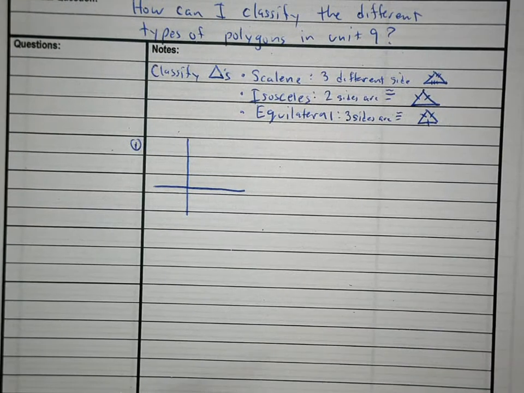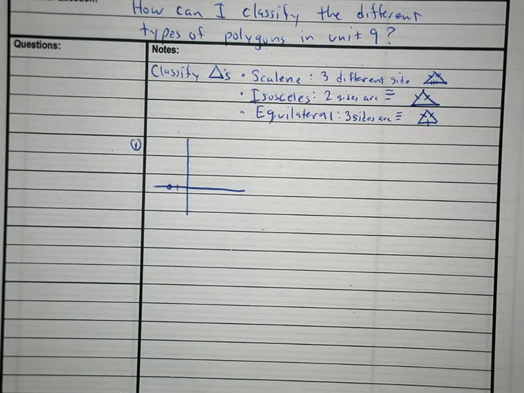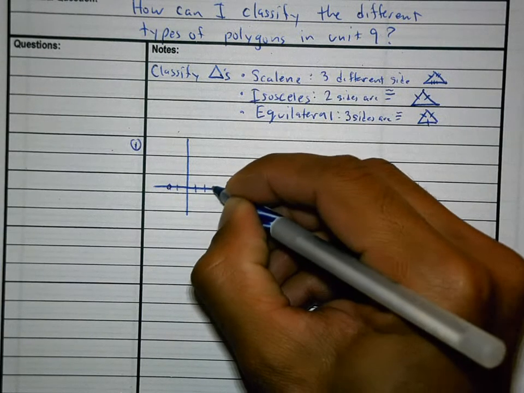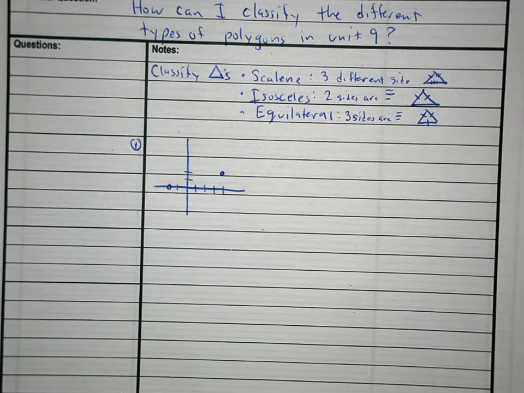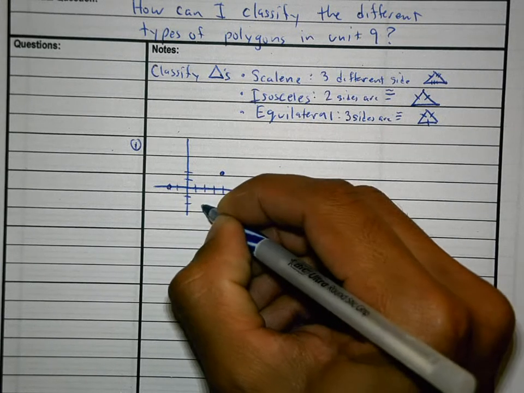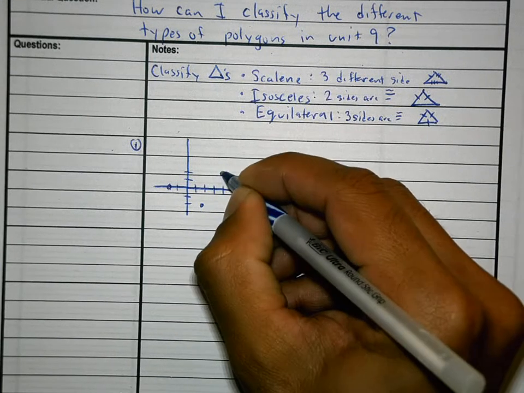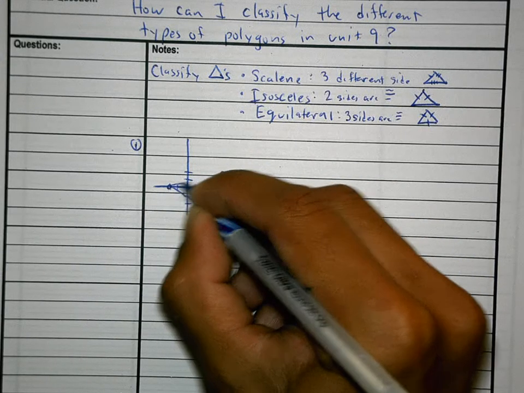On number 1, we have a point at -2, 0, right here. We have another point at 4, 2. 1, 2, 3, 4. 1, 2. We have another point over here at 2, -2. And then it has this triangle drawn like this.